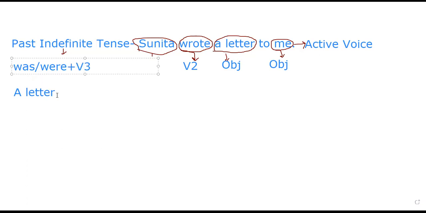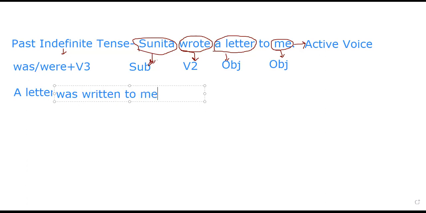So a letter was written to me. To me will be kept as it is. A letter was written to me by Sunita. So this has become passive voice. Is it clear?